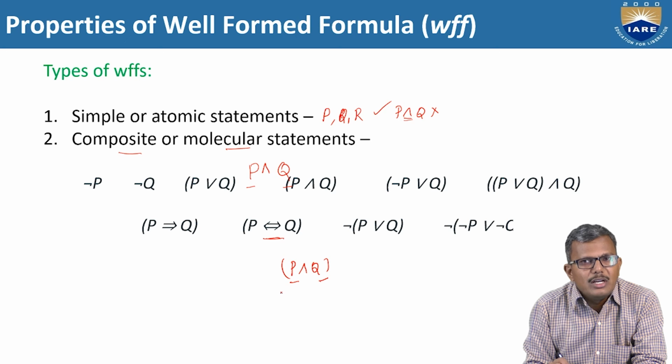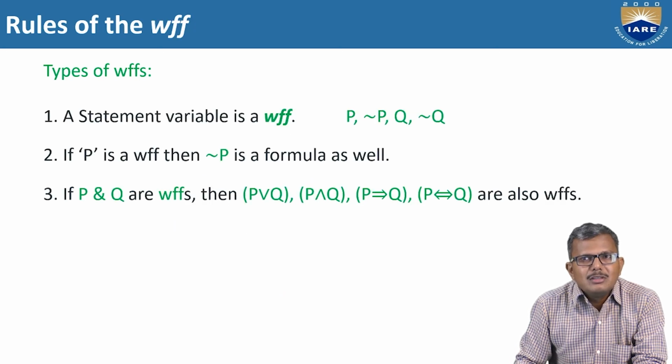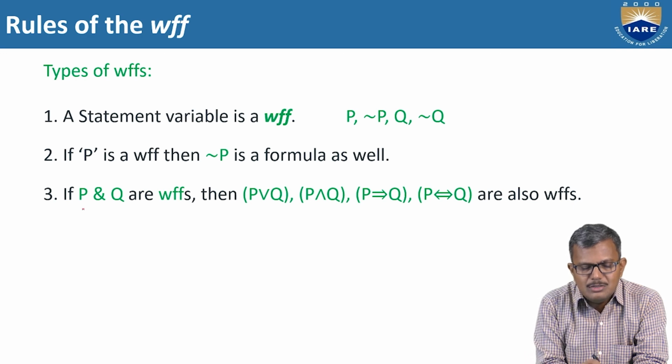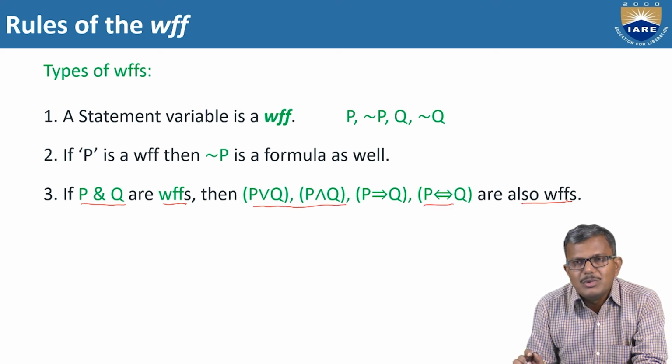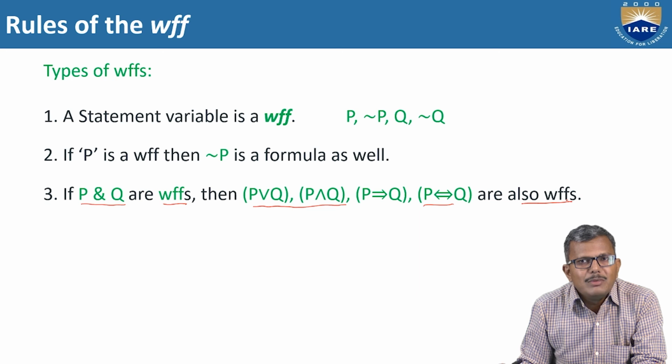We will see some examples. In this case you see P and Q. When can I say that P and Q is a WFF? When P and Q are also WFFs. P should be a WFF and Q should be a WFF. Of course, each can be an atomic statement or a composite statement, but definitely they should be valid.